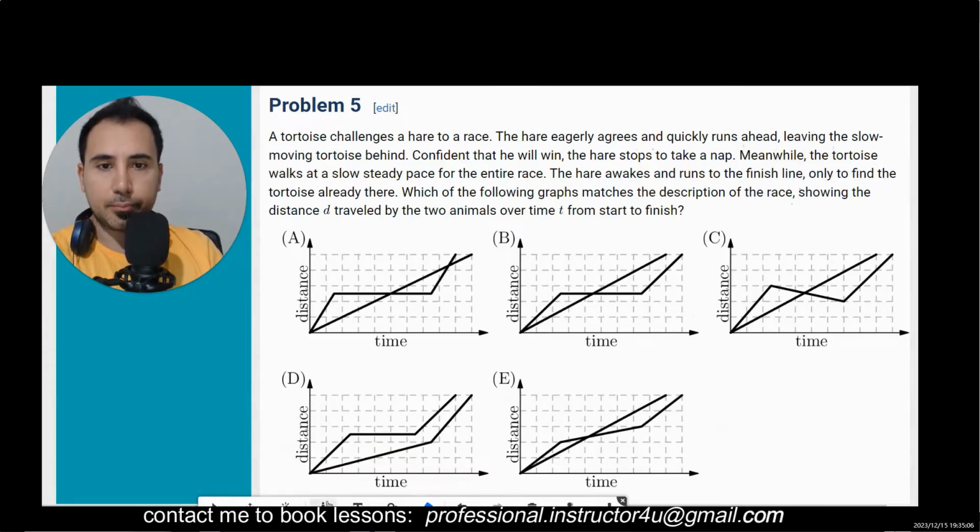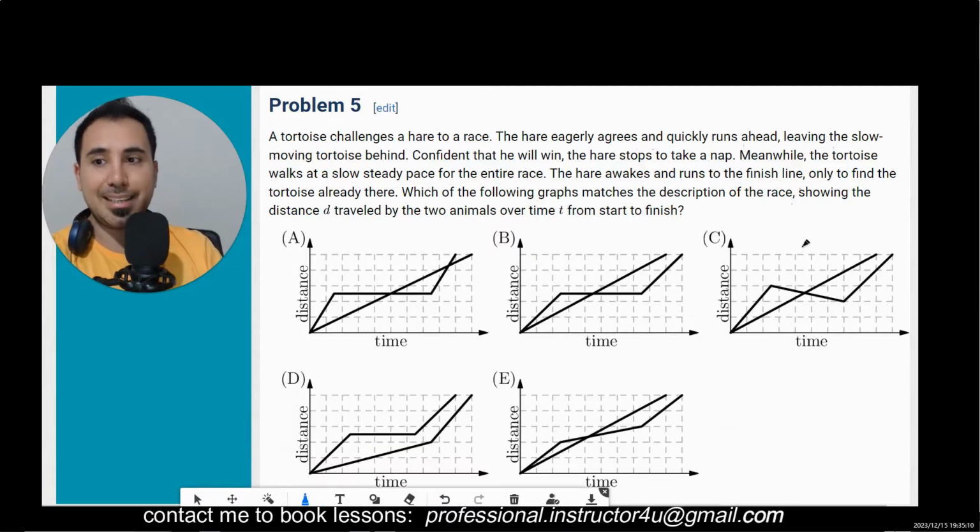So which one is the tortoise, right? The turtle, right? And this one is going with steady speed, which is going to be like this one. In all these cases, this is going to be the tortoise. It's going to be this one. This one, however, D, you see, it's not.